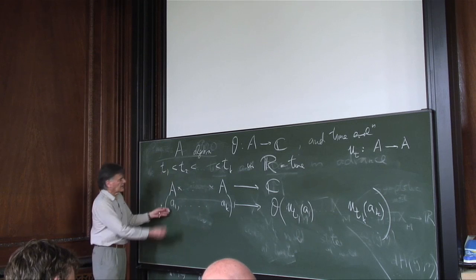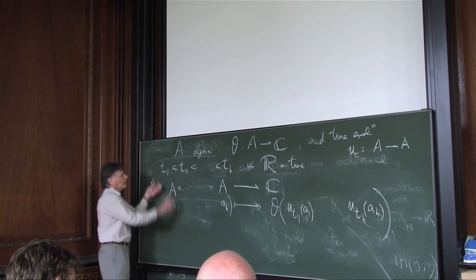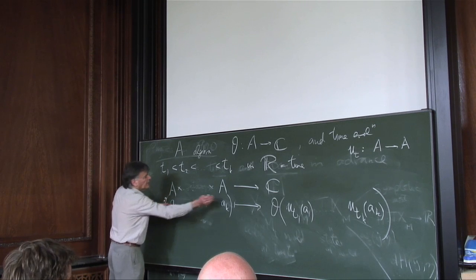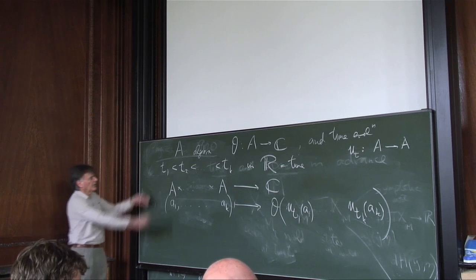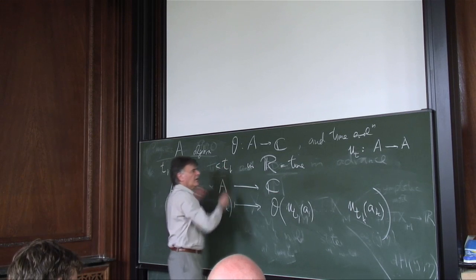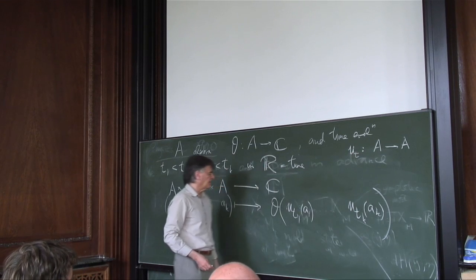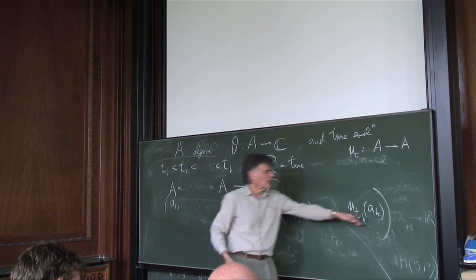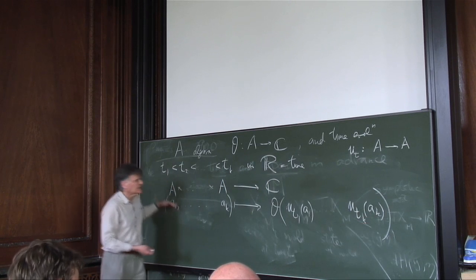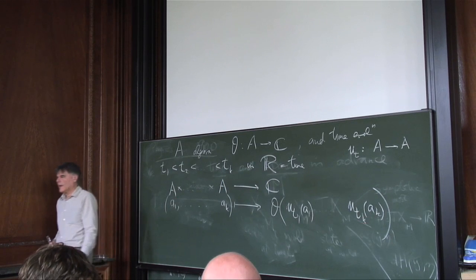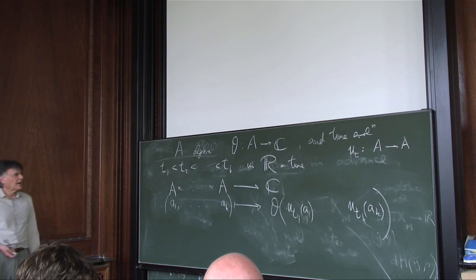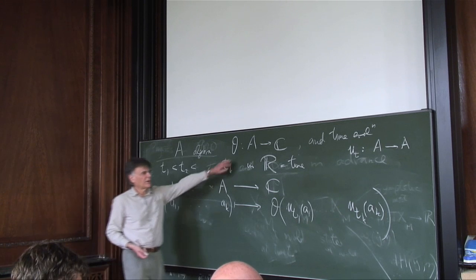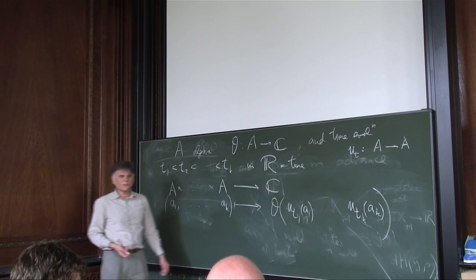In other words, we take these elements of the algebra, we think of them as all initially at time 0, we spread them out at these times by using time evolution, and then we apply this operator. So that's a collection of linear forms, and I claim that that's all we ever want to know out of this algebra.